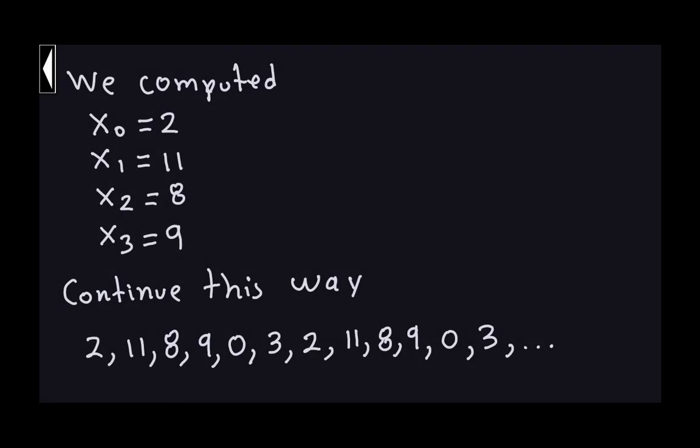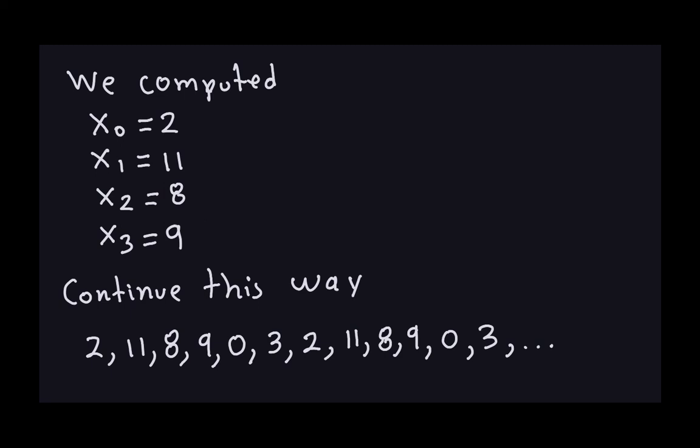I had to stop the previous part of the video because I didn't have enough room to keep writing. So this is a continuation of the example. We started with the seed 2, then the next number in the sequence was 11, the third number was 8, and the fourth number we computed was 9.